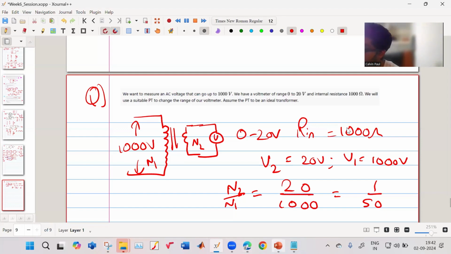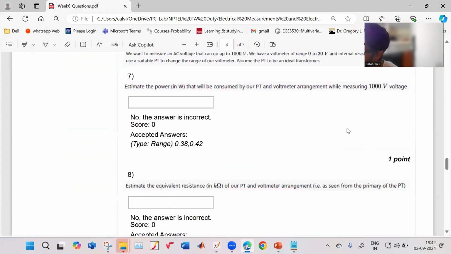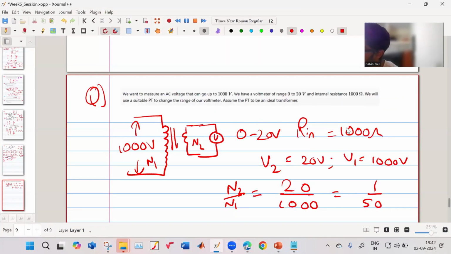So in the question, what are they asking? Estimate the power in watt that will be consumed by a PT and voltmeter arrangement when measuring 1000 volt, and we also have to find the equivalent resistance. Over here, my voltage V2 is 20 volt and my internal resistance is 1000 ohm.